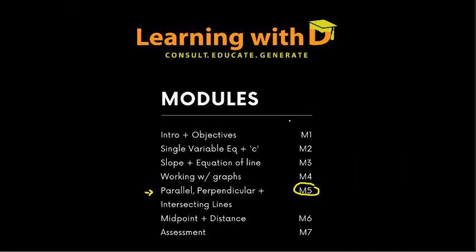So, how do we know when two lines are parallel to each other? If they are parallel, we can know by taking a look at their m's. The slope or the gradient of the first line will be equal to that of the second line.